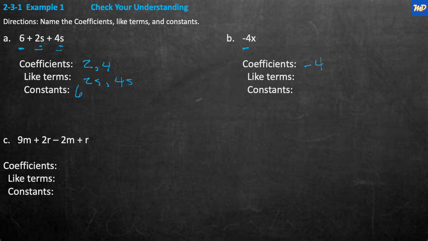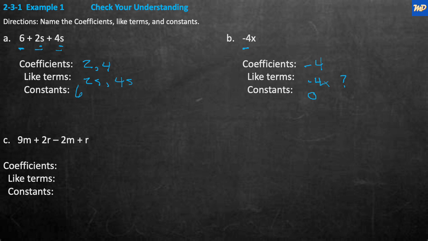I don't know whether they're going to include it or not here. I'll just say the -4x is the only like term, but I'll leave a little question mark there. And then the constants, there are no constants. 0 is the only constant, plus 0. So we could say 0 is a constant, or there is no constants.